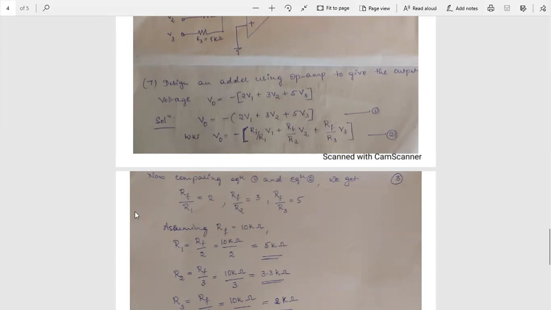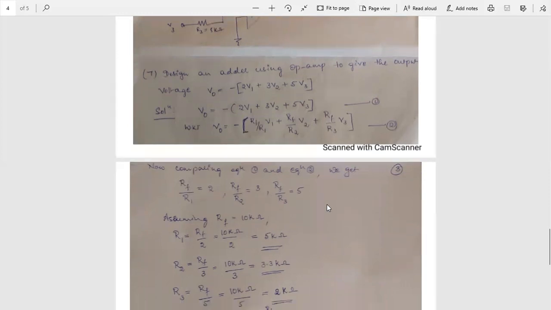So now comparing equations, the given equation is V0 is equal to minus of 2 V1 plus 3 V2 plus 5 into V3. So we get Rf by R1 is equal to 2, then Rf by R2 is equal to 3, then Rf by R3 is equal to 5.